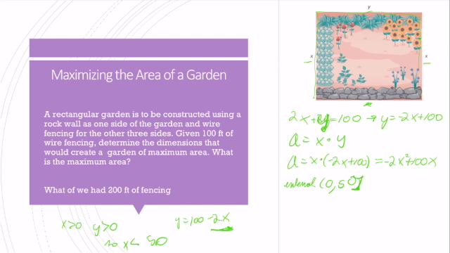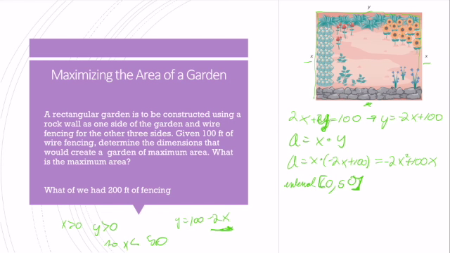So let's remember that extreme values occur at the endpoints. So I'm going to go ahead and solve this problem. I'm going to plug into my function for A of x, I'm going to plug in 0 and I'm going to plug in 50.